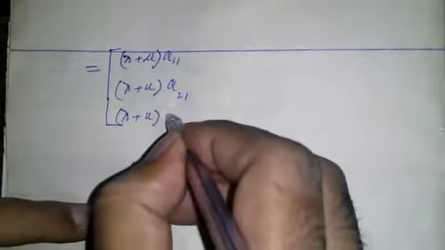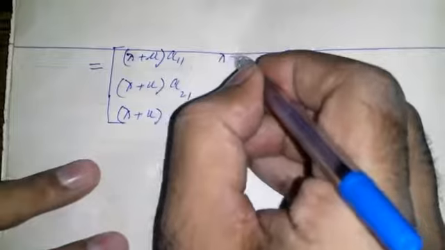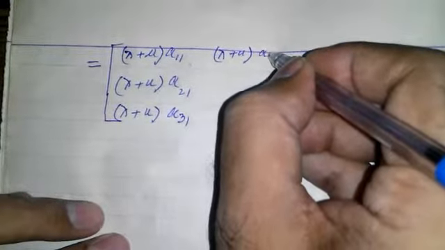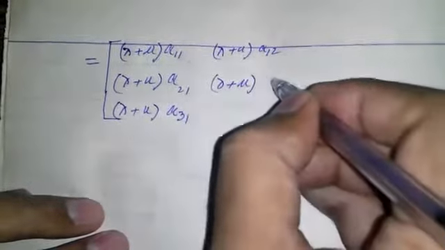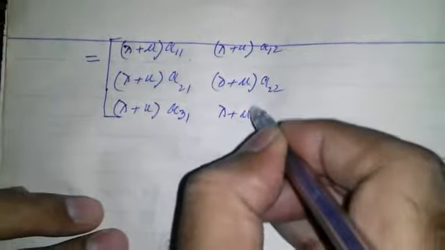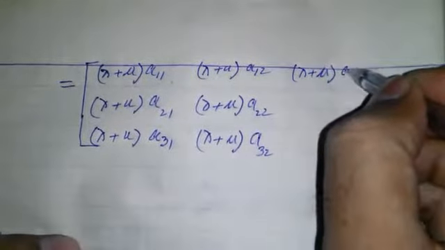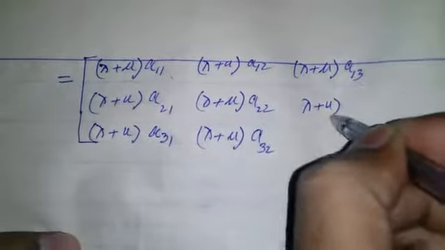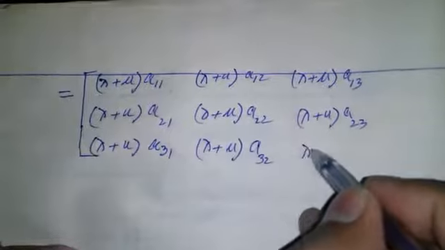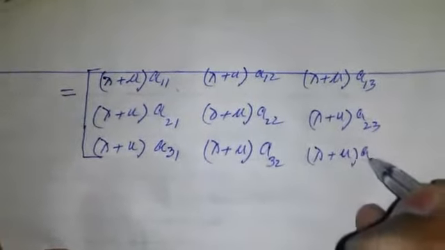That is equal to lambda plus mu into A11, lambda plus mu into A21, lambda plus mu into A31, similarly lambda plus mu into A12, A22, A32, and lambda plus mu into A13, A23 and A33.